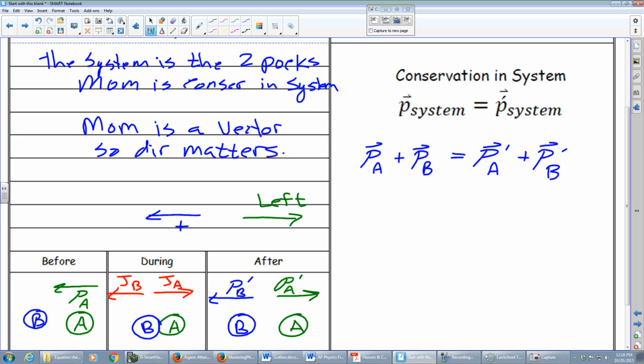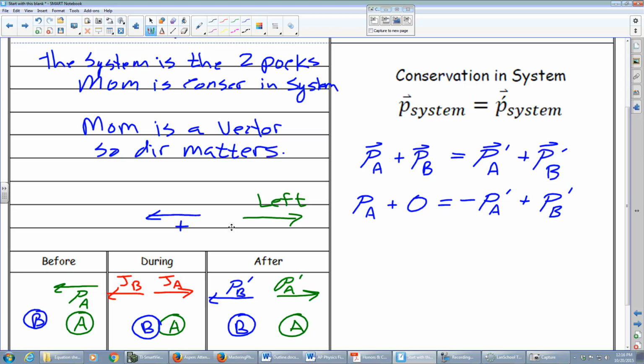And so that's just going to give me momentum of A. My momentum of B beforehand is 0, since it's not moving. Afterwards, my momentum of A is pointing to the left. So that means it's a negative momentum. So I'm going to put it as negative there. And B is pointing to the right. So it's going to give me a positive there, where I've defined positive and negative.